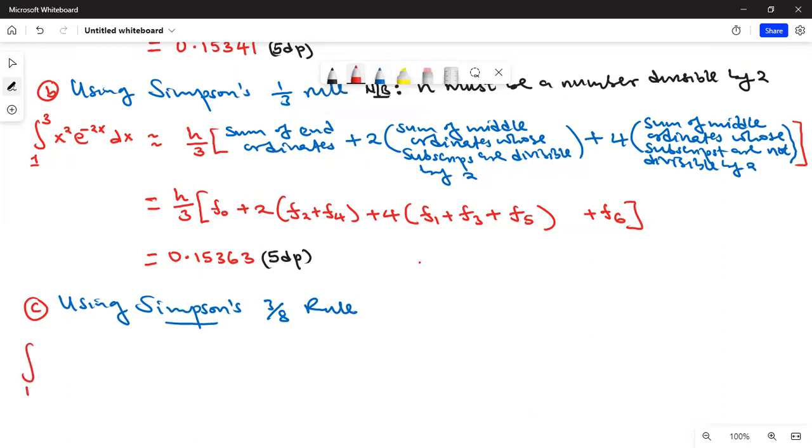We are integrating from 1 to 3 of x squared exponential negative 2x dx. This is approximately equal to 3h over 8. That's why we call it Simpson's 3/8 rule, because this time h you are multiplying by 3 over 8. So as usual, we add the end ordinates. So right here the sum of end ordinates.